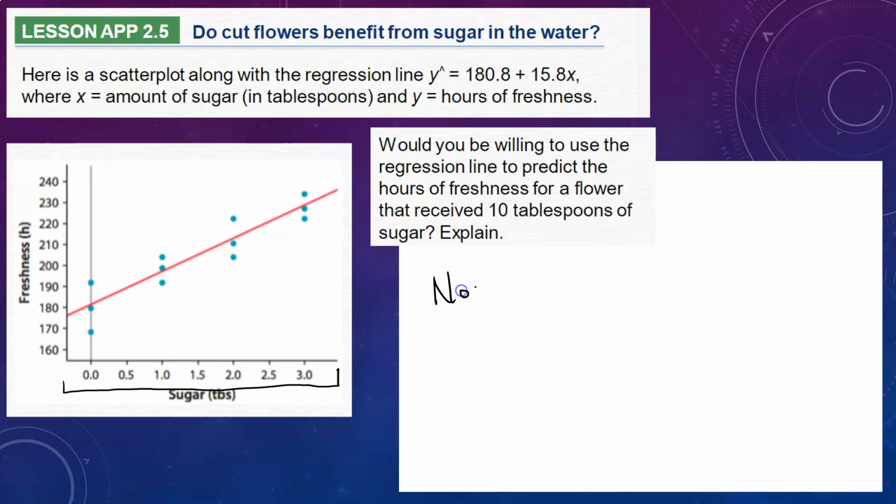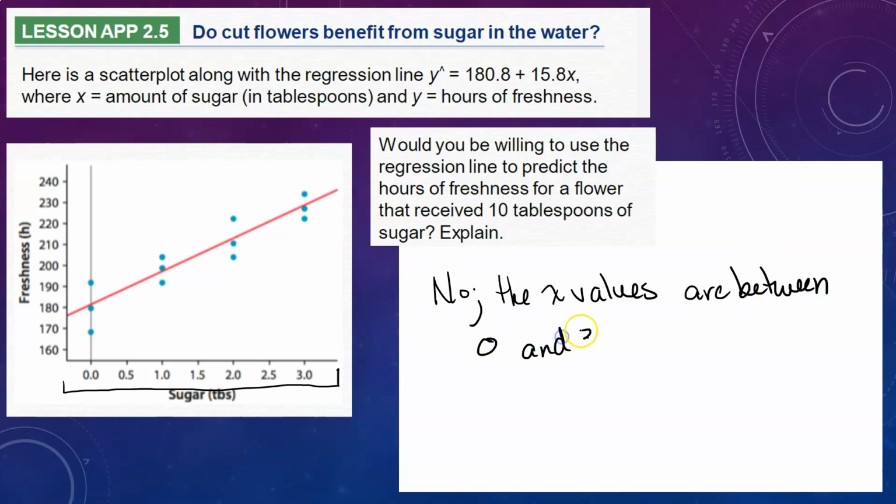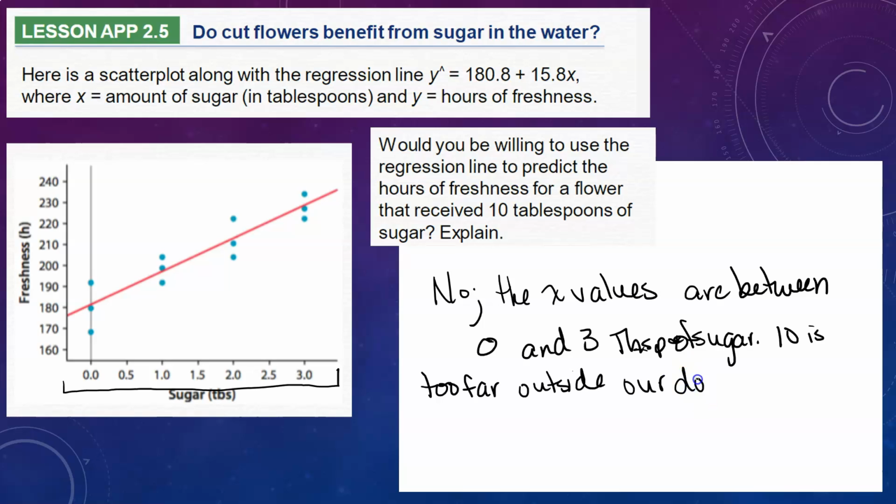You should have said no. The x values, or our explanatory values, are between 0 and 3 tablespoons of sugar. Sorry for my sloppy handwriting there. 10 is too far outside our domain, or the scope of our data.